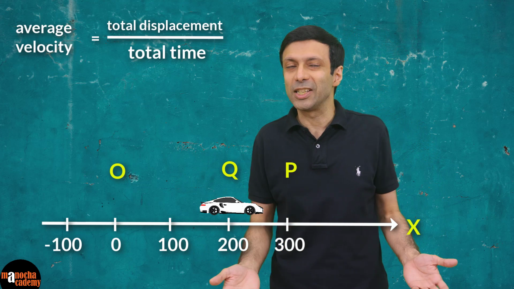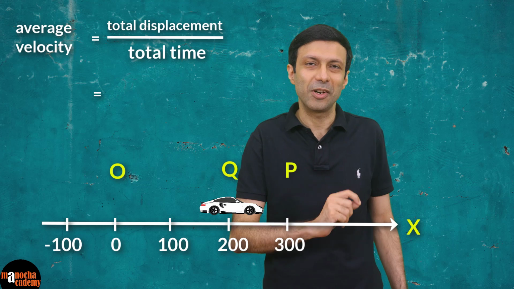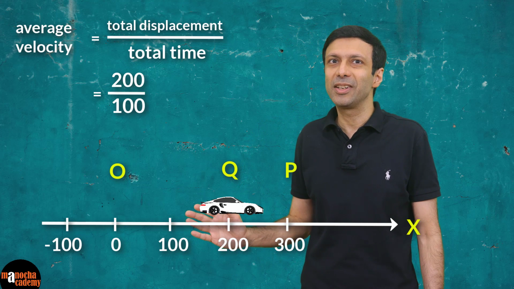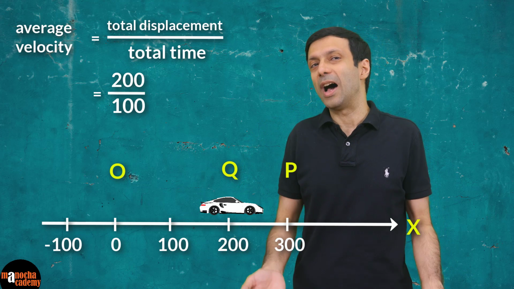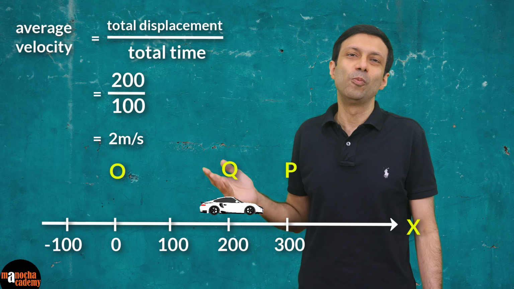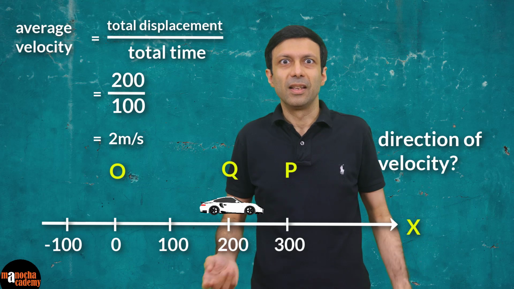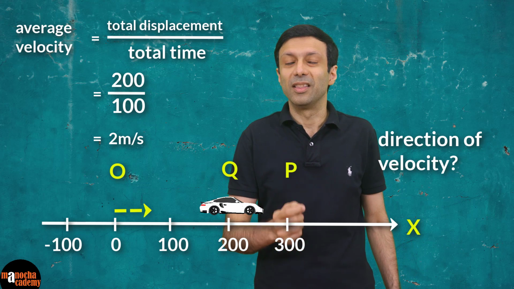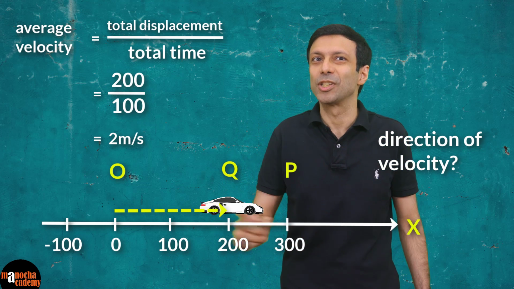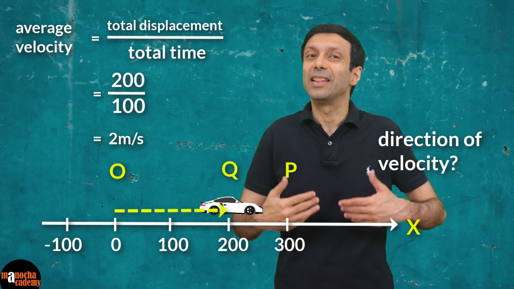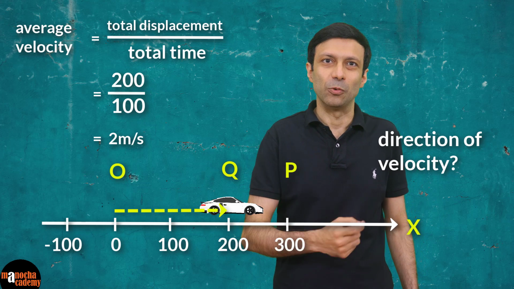As we found, the total displacement of the car was 200 meters and the total time here is 100 seconds. So average velocity is going to be 2 meters per second. What is the direction of the velocity here? As it is a positive number, the car is moving along the positive x-axis. So we know that is our direction from the value.